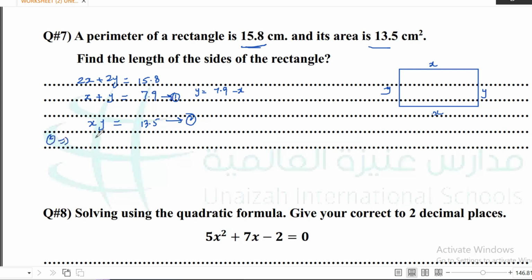So equation 2 becomes, in place of y, 7.9 minus x, multiplied by x, is equal to 13.5. So multiply x inside: 7.9x minus x squared equals 13.5.